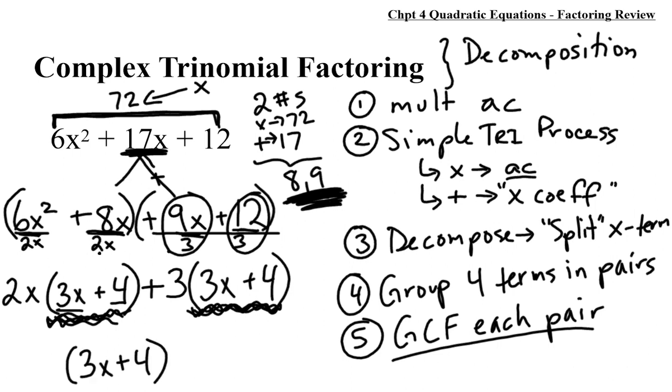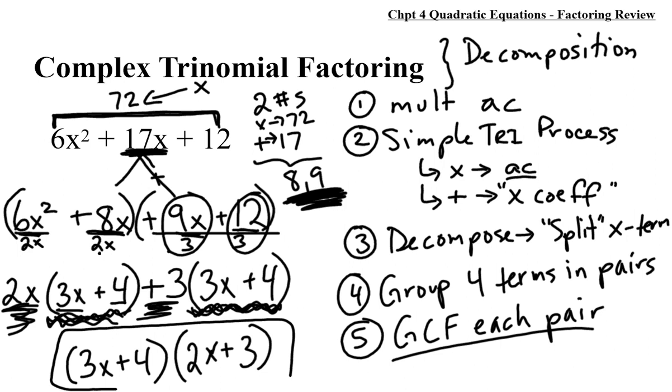What's the other factor? The factors that got factored out. We now have 2x plus 3. 2x plus 3, there's the factored form of our original 6x squared plus 17x plus 12.